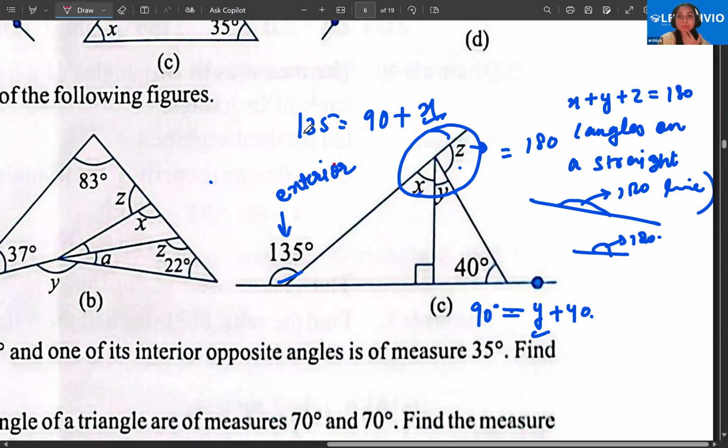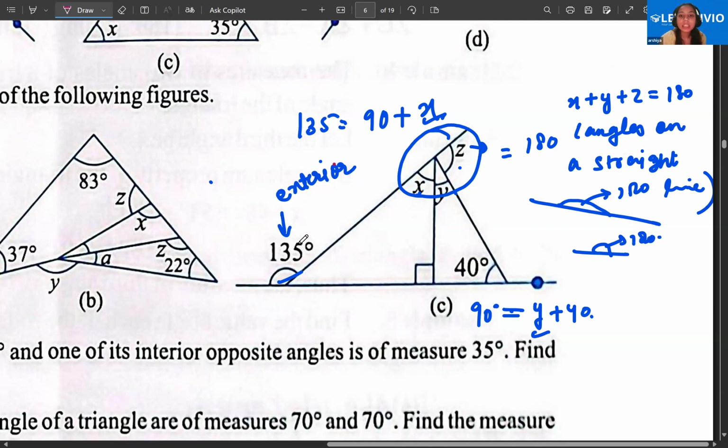Ma'am, when you add two interior angles, the sum of those angles is equal to the exterior angle. Okay. So now we just have to figure out which angle is exterior, because they have given us two triangles. So for each triangle, we have to find out which is exterior.